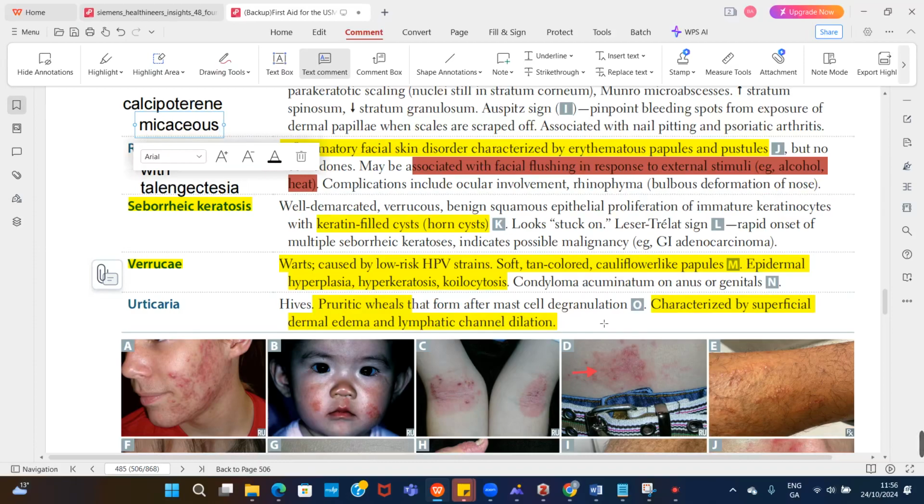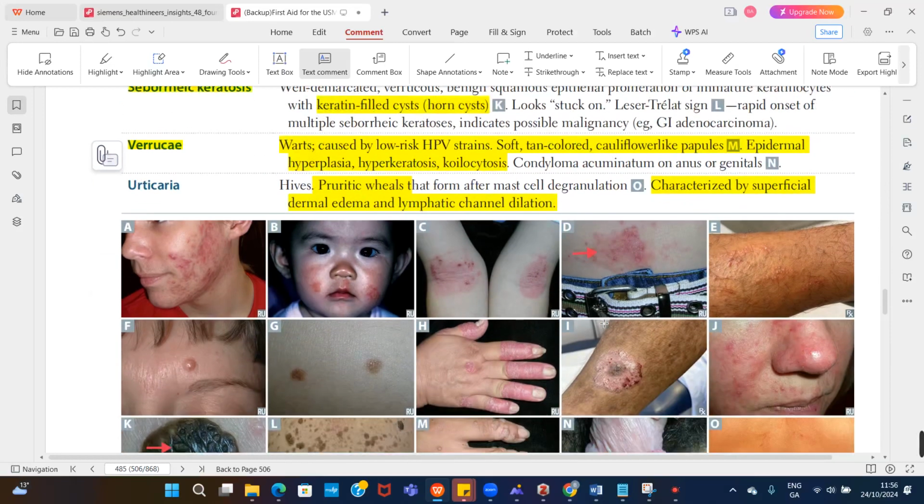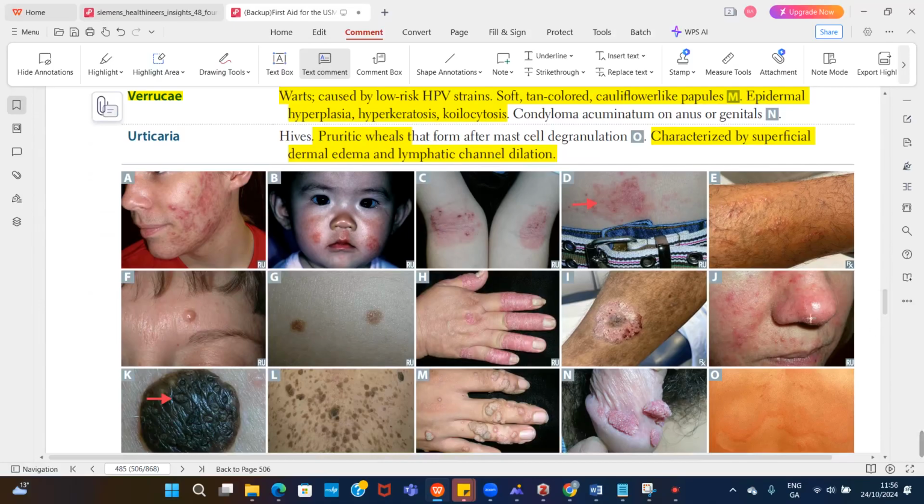Most of the time, they will tell you that the person has taken alcohol, has been exposed to sun, has done strenuous, intensive exercise, has taken hot, spicy food, or a hot beer or something, which is going to cause flushing of the face.